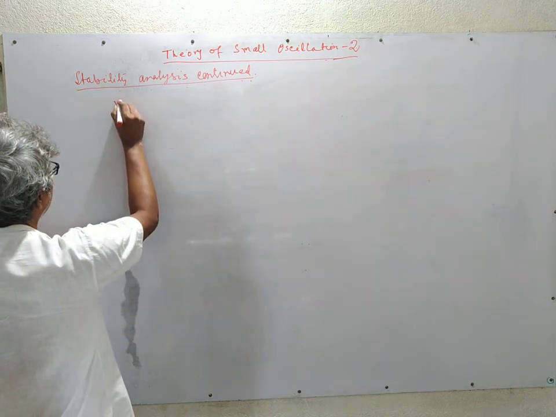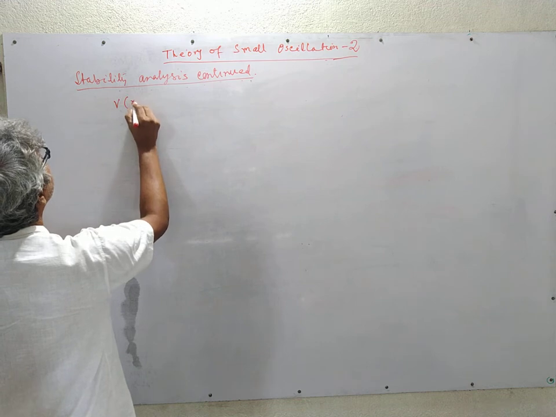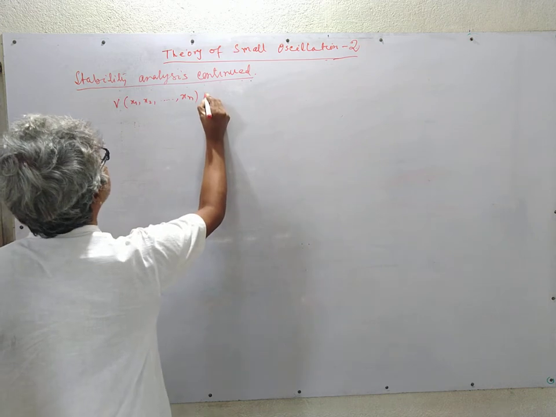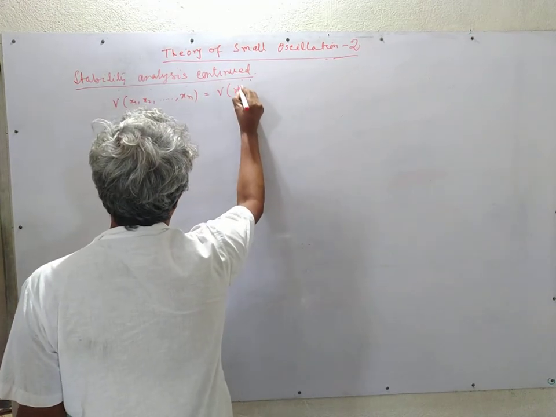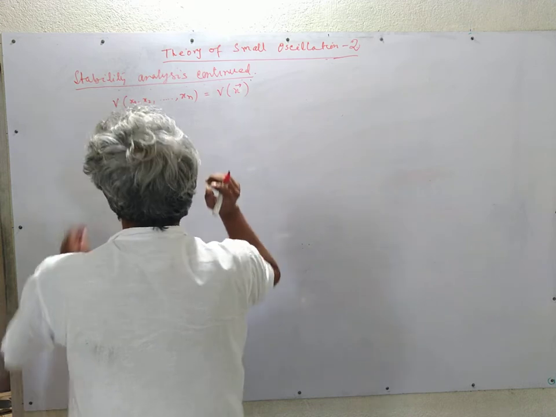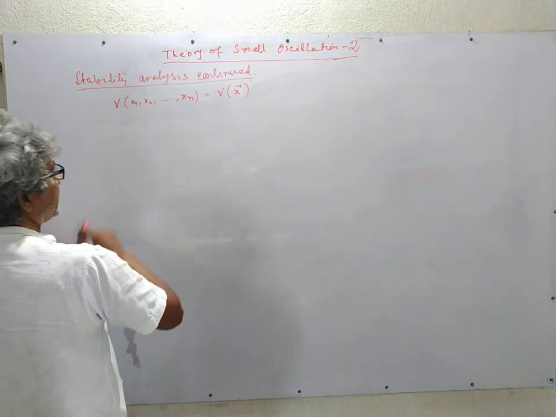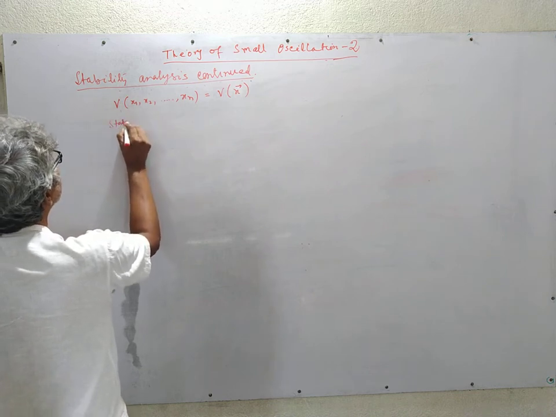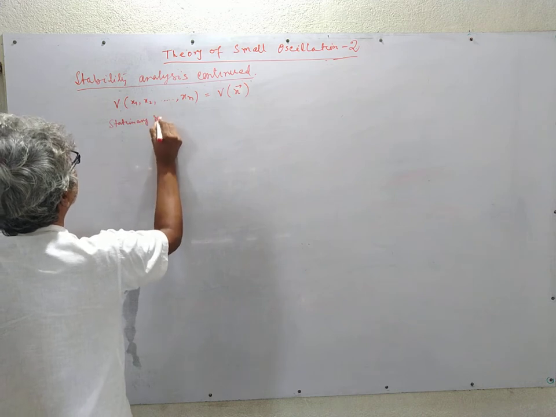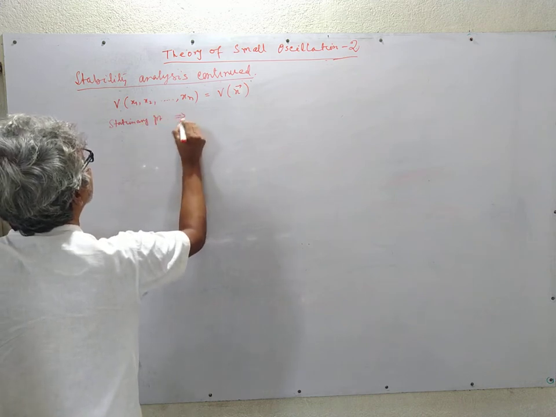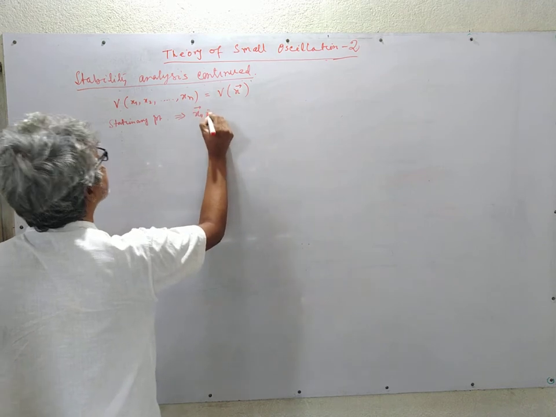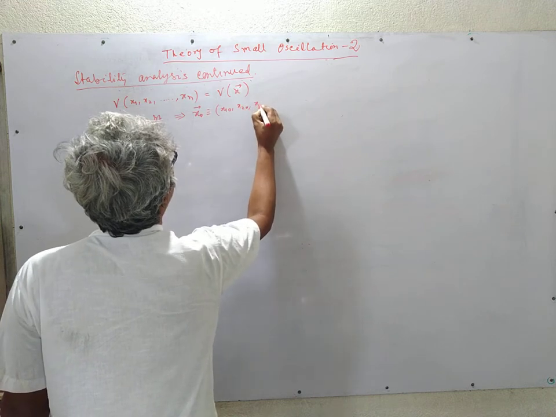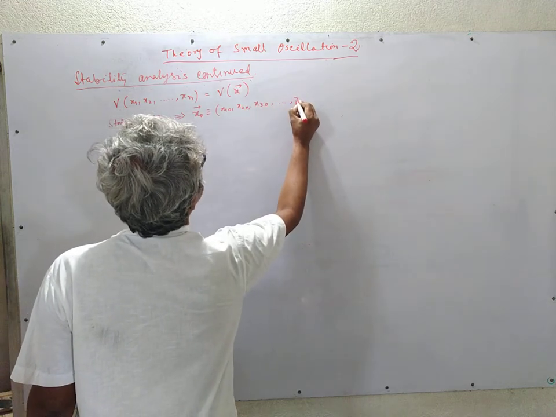Consider a function V which is a function of n coordinates x1, x2, up to xn. We write it in short as V of vector x, and the stationary point of V is x0, a vector. We write the vector as x10, x20, x30 up to xn0.